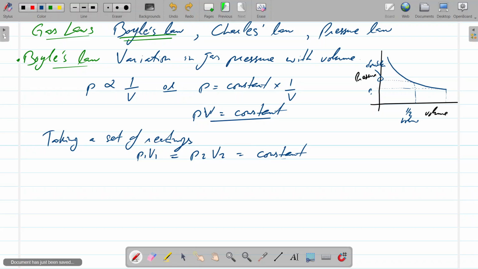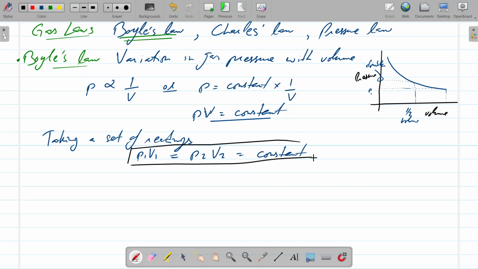And that is basically Boyle's law. P1 V1 equals P2 V2. So what this helps us understand is that for a particular gas at a particular pressure having a particular volume, you get a constant.